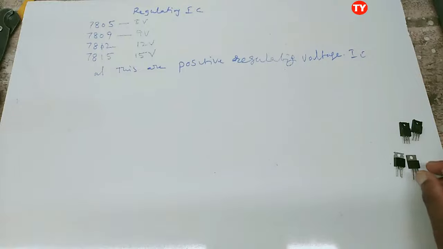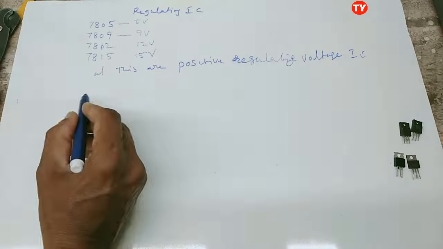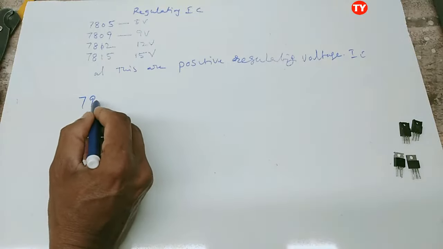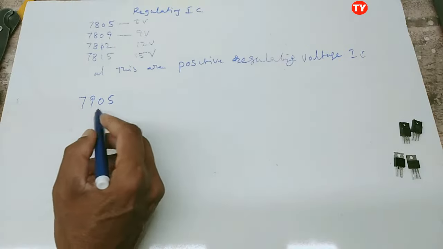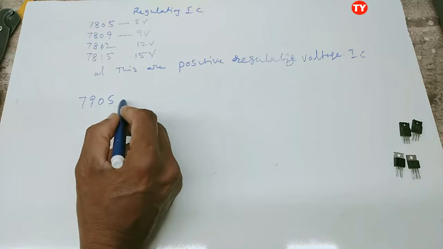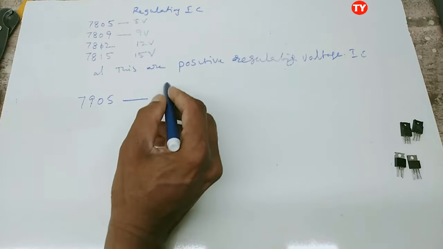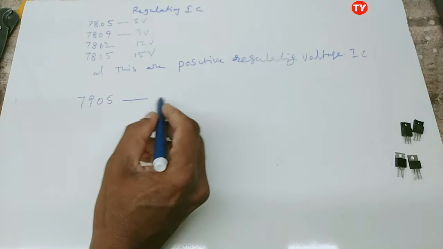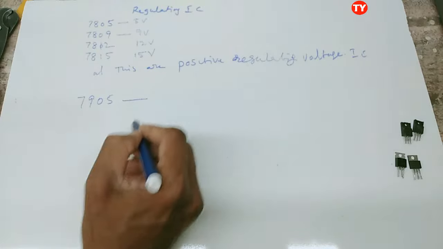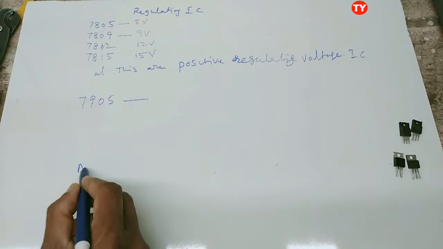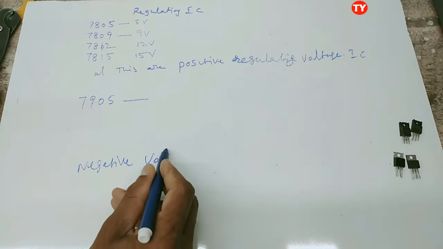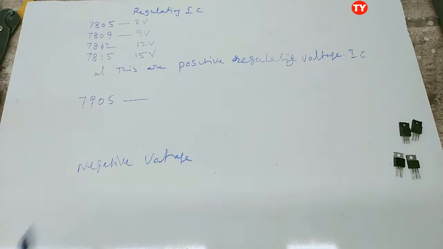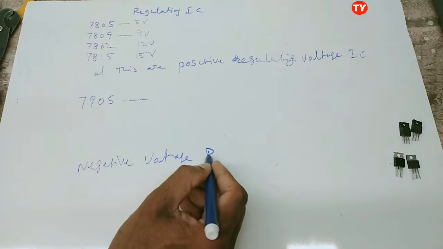Once again I am telling about 79 series, 7905. This is negative voltage regulating IC.